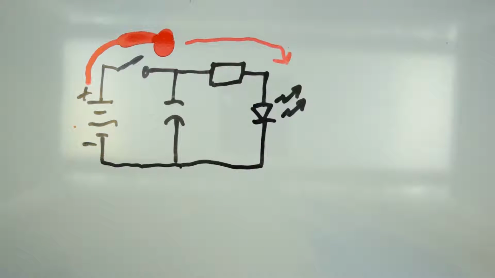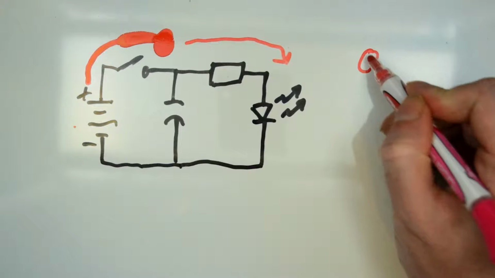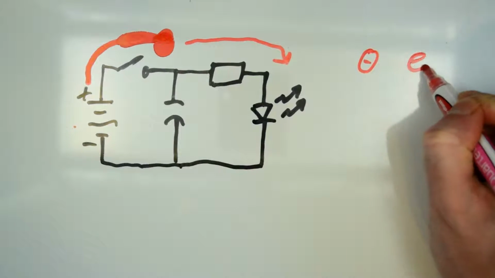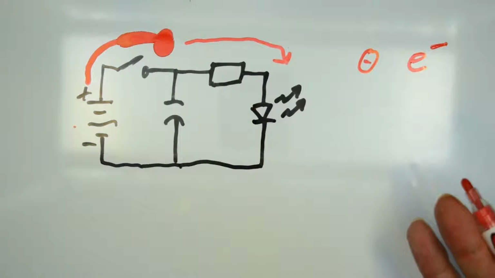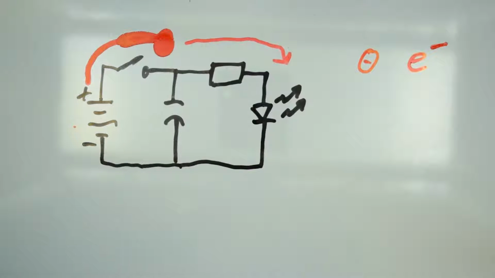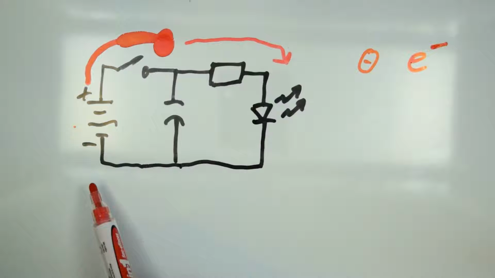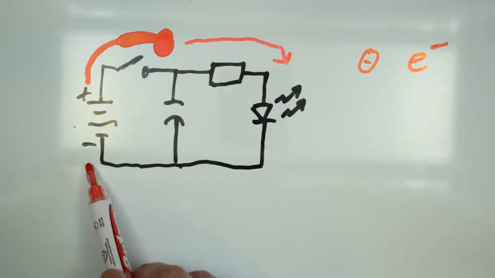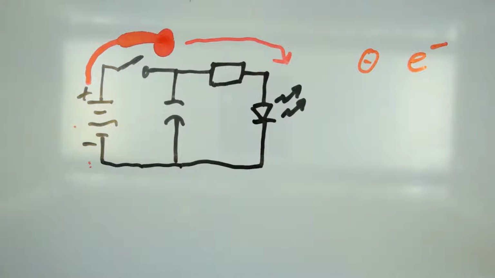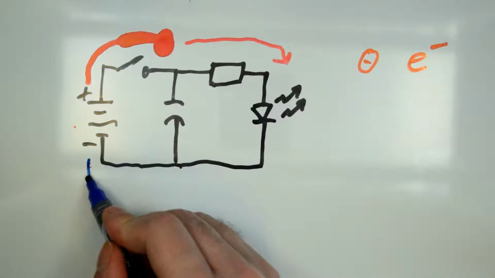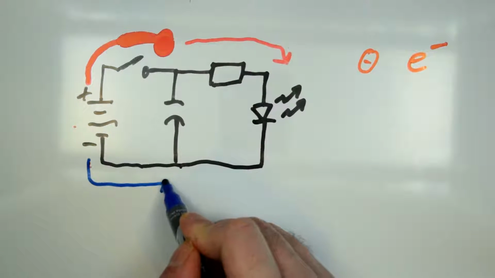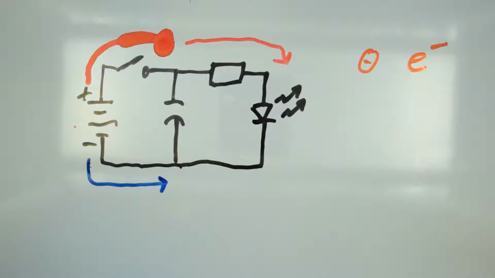Because the charge carriers in electricity are actually electrons, and we talked about those in a previous video, because they're the charge carriers, actual current flow, I'll grab a different color pen for this, is carried by the electrons, and they actually flow from the negative side because they are a negatively charged particle.